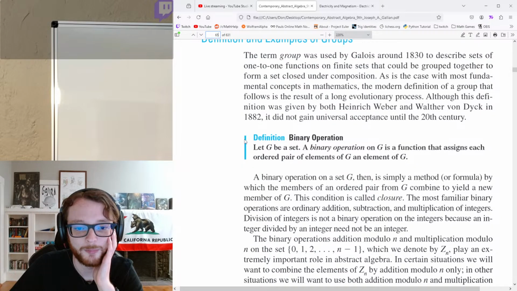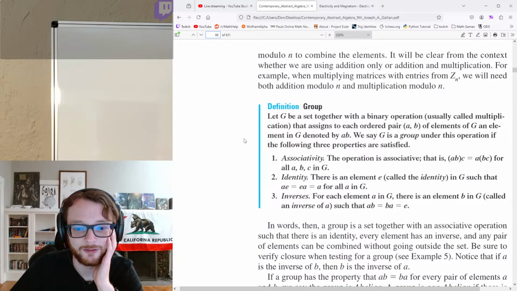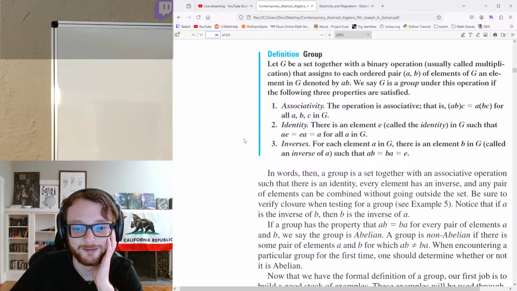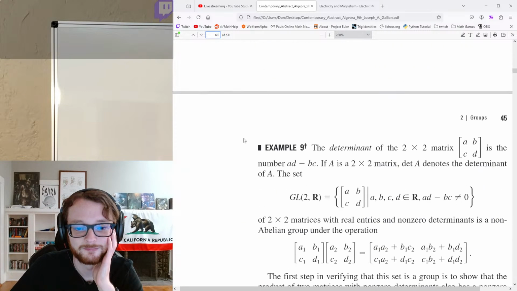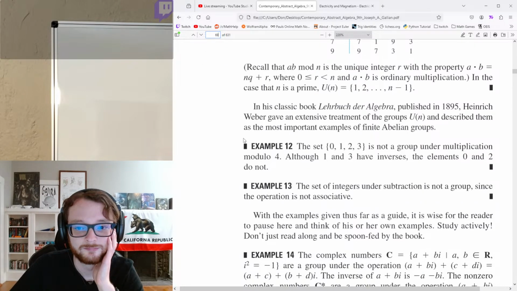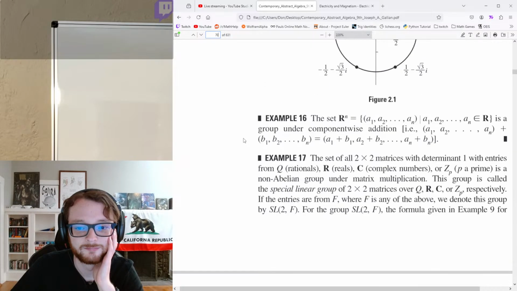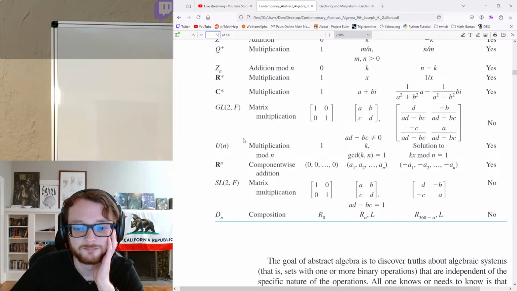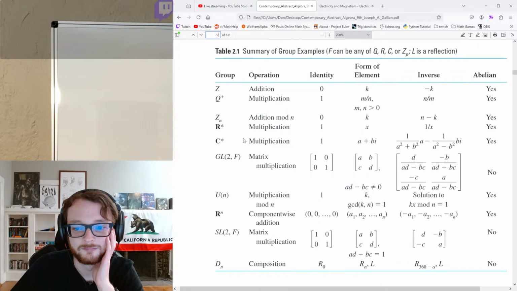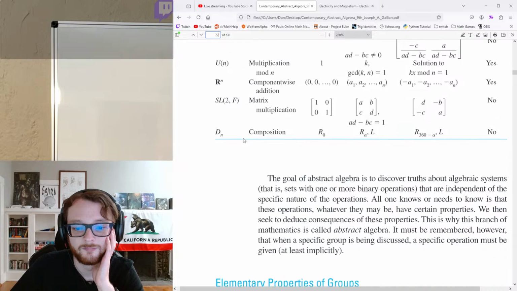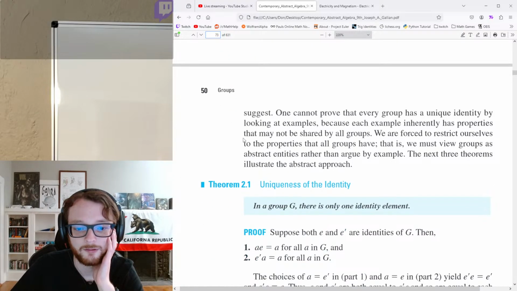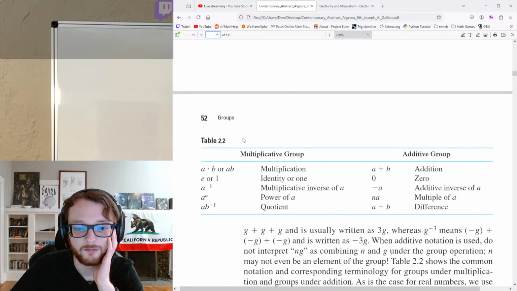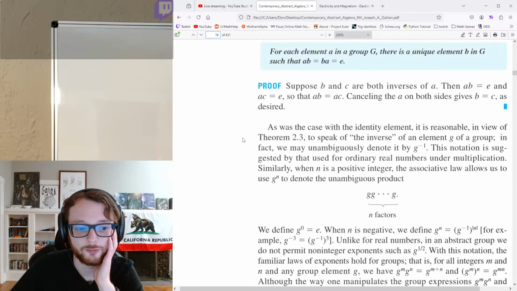I guess there'd be one flip and one rotation or something. Where do they define generally the dihedral group?